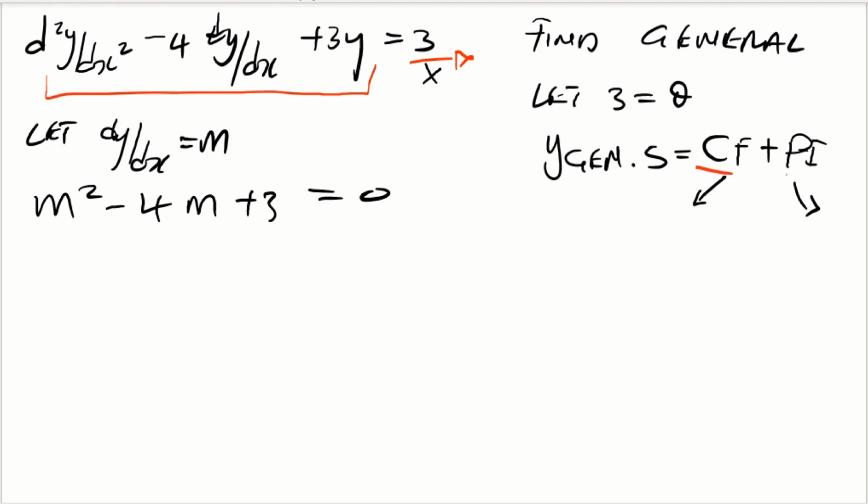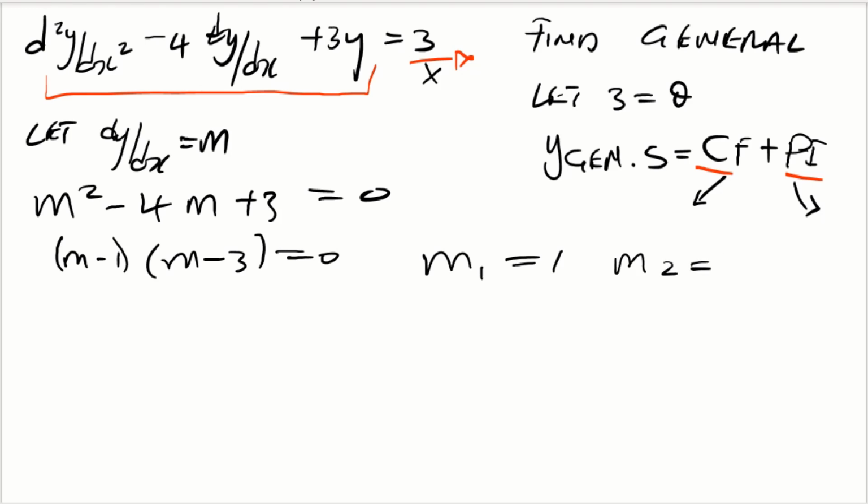After finding your CF, you go and find your PI. Okay, so the factors of this, I'm going to open the bracket there. It's m minus 1, m minus 3, equals to 0. So your values of m1 equals 1, and m2 equals 3.